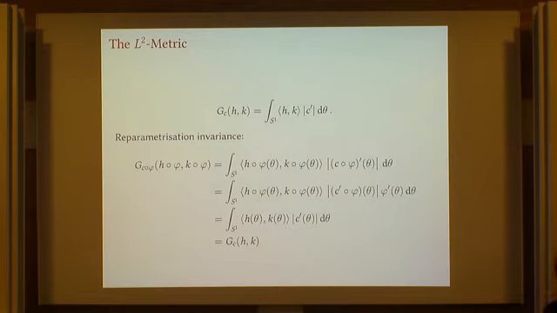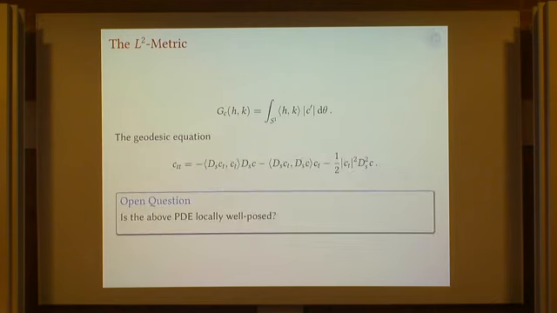As a Riemannian metric, it has a geodesic equation, and a geodesic equation on the space of curves now becomes a partial differential equation for the two parameter family C of p and theta.